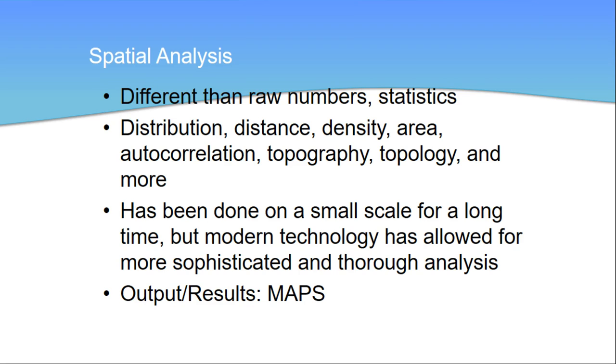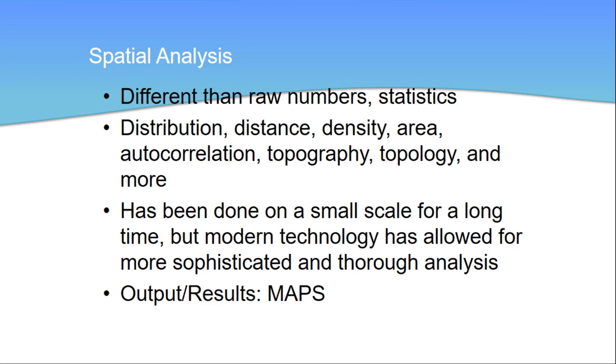But basically, you can take your data and you can show all of these different things. And we've been able to do that on a small scale for a really long time. Airplanes made a huge difference to having more sophisticated, more powerful maps. But really, it's about satellites. Modern technology has allowed us to see through a lens that we have been unable to throughout our history.